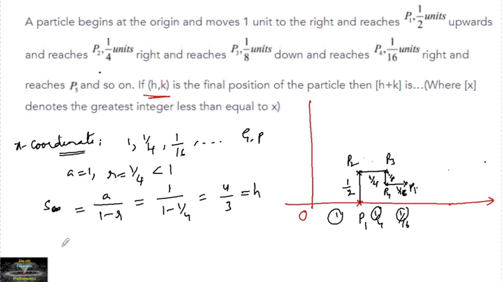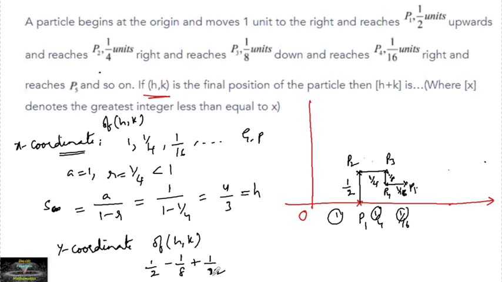And coming to the y coordinate, the y coordinate of (h, k) is k. If we follow the sequence here, 1/2 first, and then comes decreasing, minus 1/8, and again next 1/16, the next one 1/32, plus 1/32, and comes again 1/64 and 1/128.